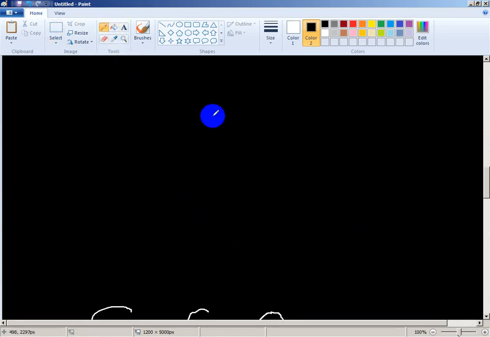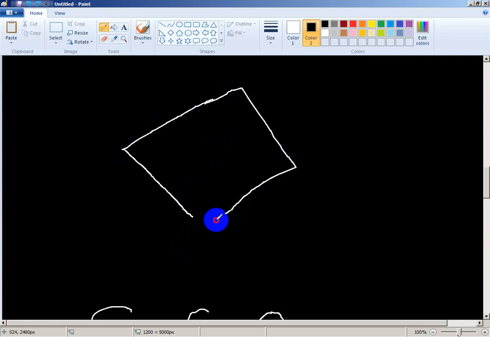At first you draw the box, the shape is a diamond shape. You draw the diamond shape. Then you draw this sign.